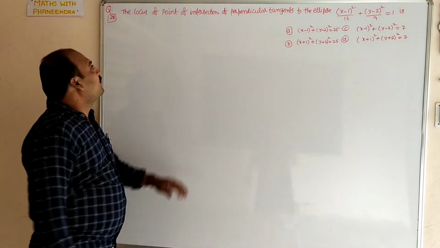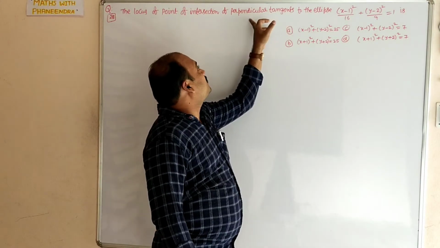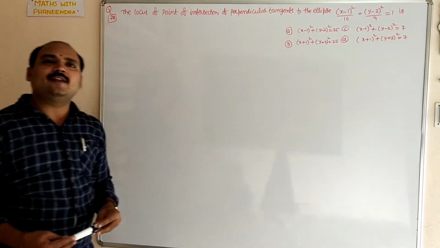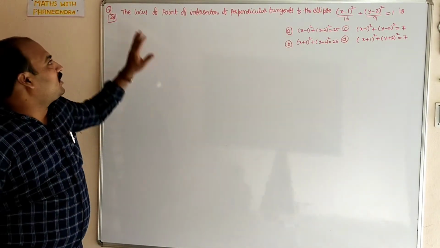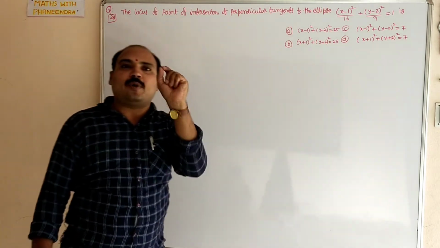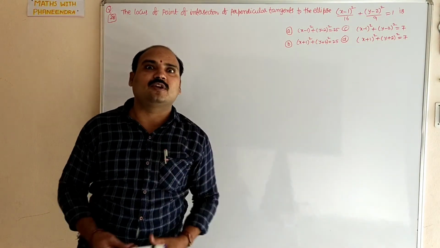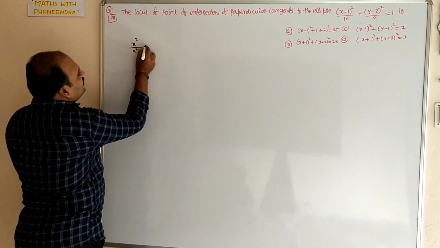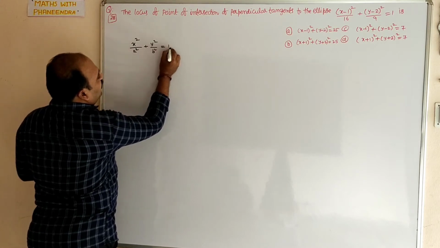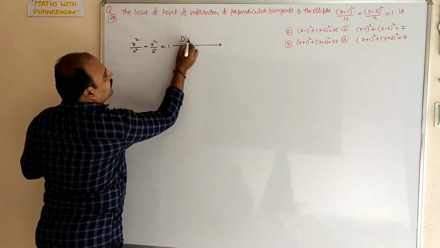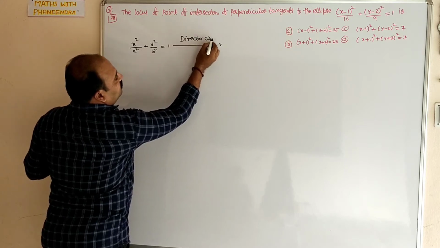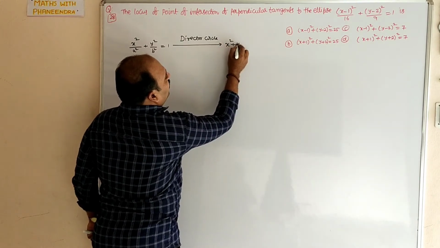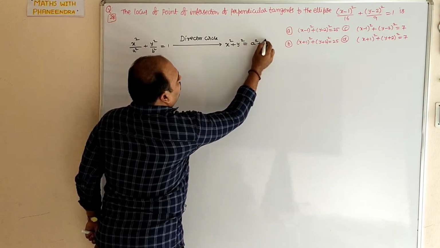The next question. The locus of the point of intersection of perpendicular tangents to the ellipse is, as I already said in the definition, called the director circle. For the equation of the ellipse x square by a square plus y square by b square equal to 1, the director circle is x square plus y square equal to a square plus b square.